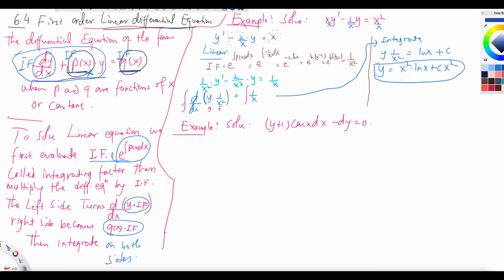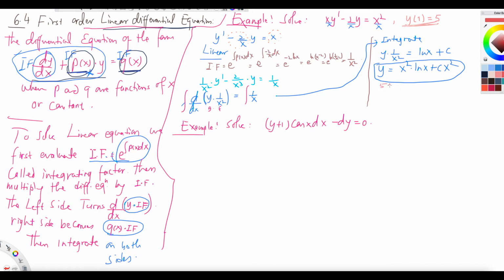Okay guys, now sometimes you will be given a condition like y at 1 equals 5 or something like this. If this initial condition is given, then you need to find c after you plug in x equals 1 and y equals 5.